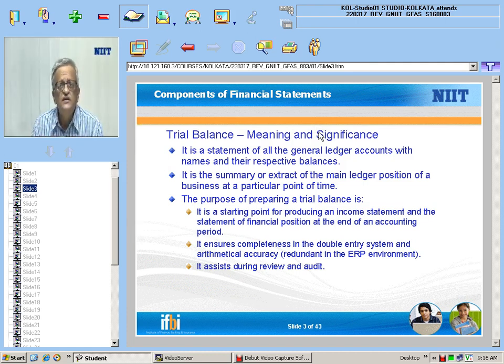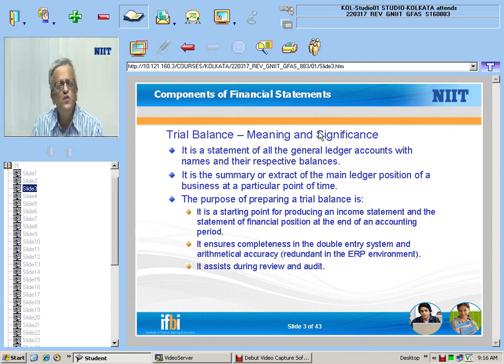During audit, the balance sheet is a very important statement which the auditors would like to see and ensure that various accounts are adjusted, various ledgers are adjusted, all accounting principles have been followed. So this financial statement is very important.